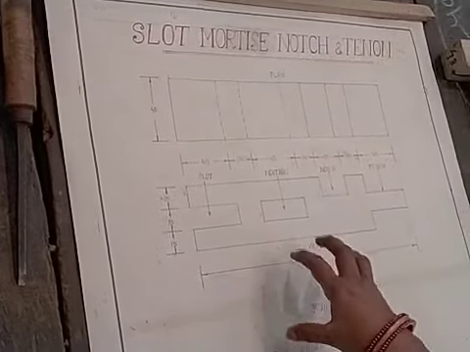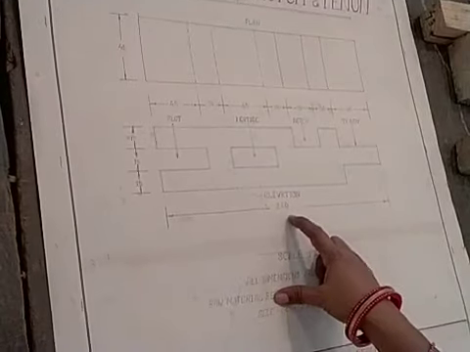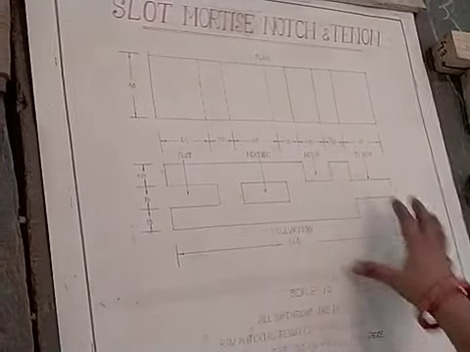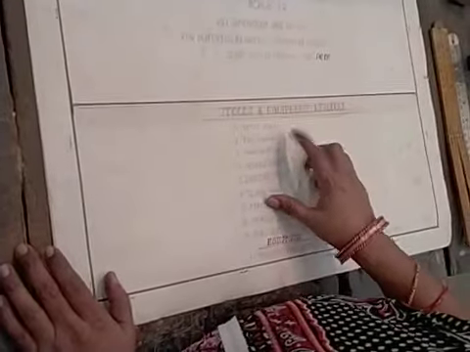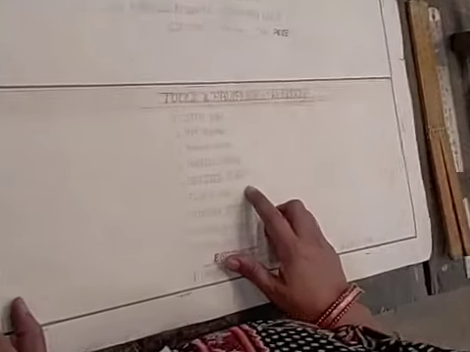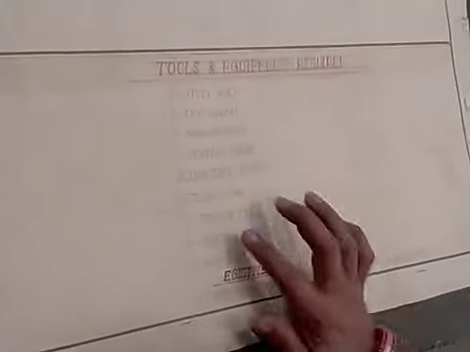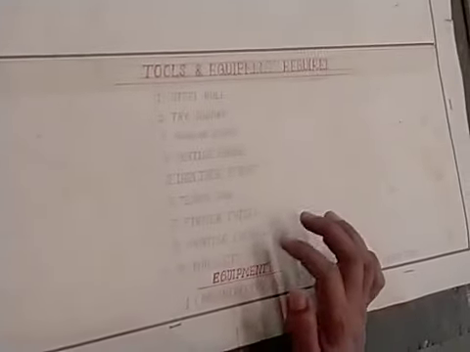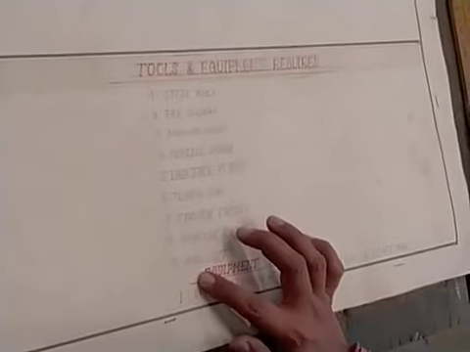So what are the tools and equipments required to obtain this type of joint or these figures? The tools and equipments are steel rule, tri-square, marking gauge, mortise gauge, iron jack plane, tenon saw, farmer chisel, mortise chisel and mallet.